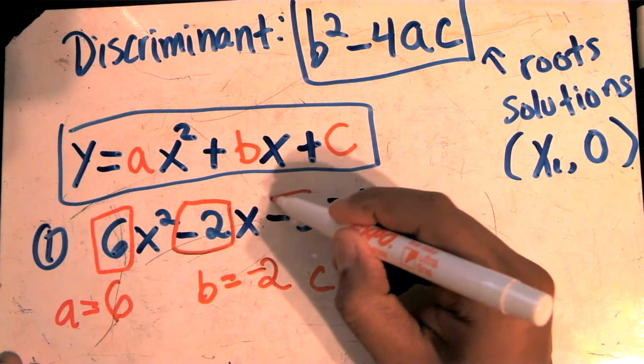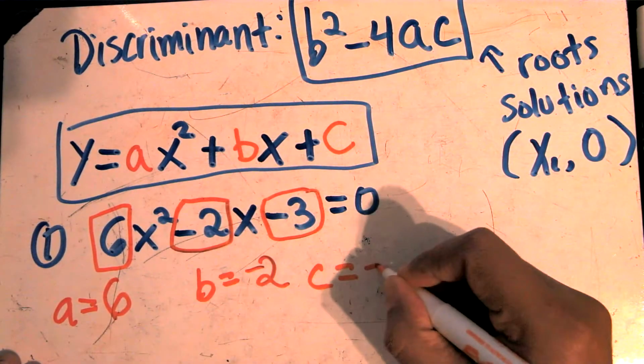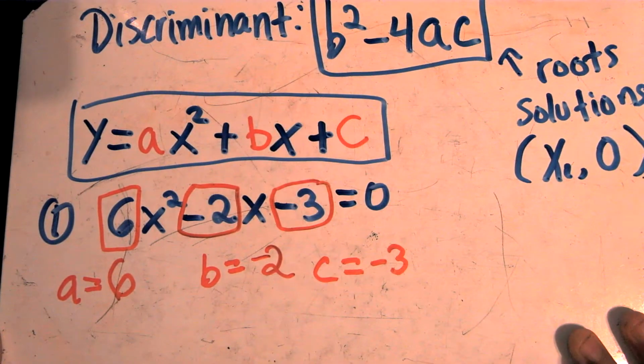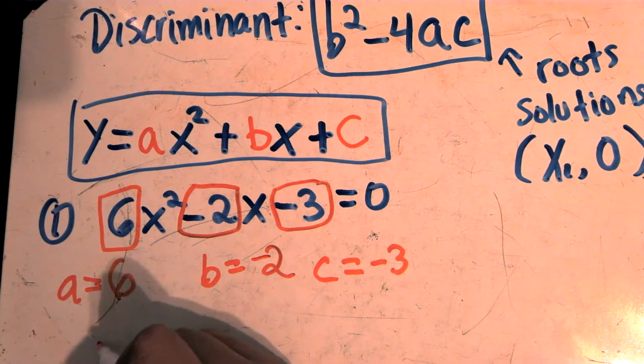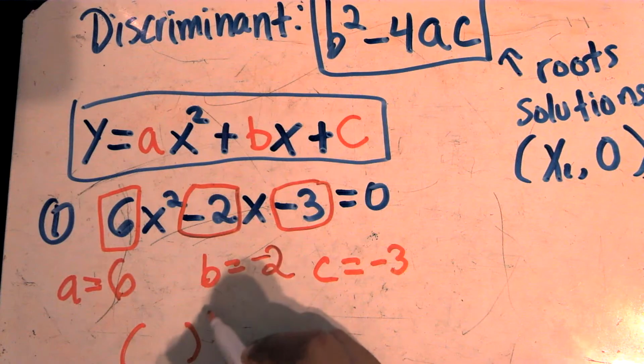And in the same way, c is a -3. So now I can calculate the discriminant. So think of it as step 1, find a, b, and c, and calculate the discriminant.